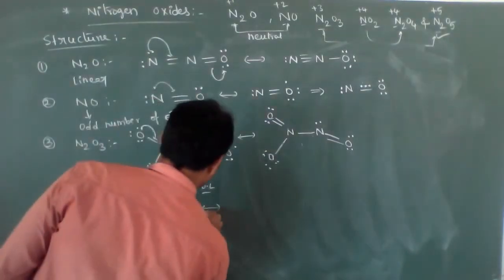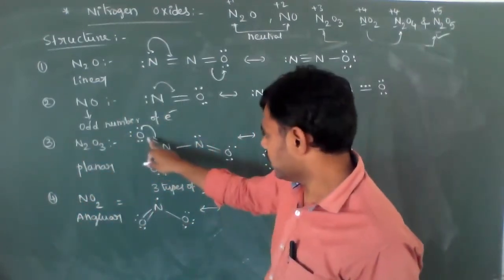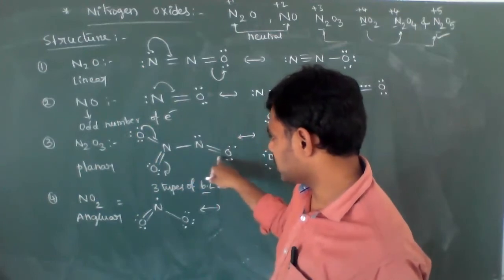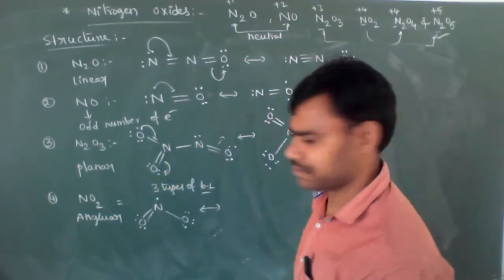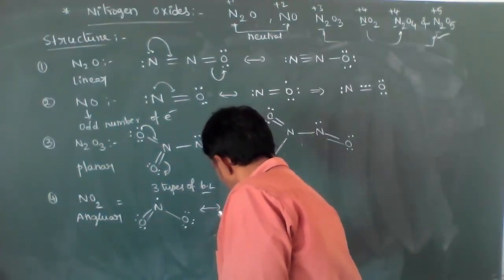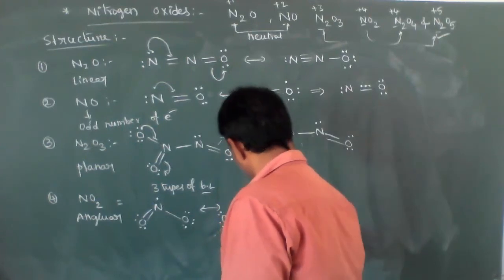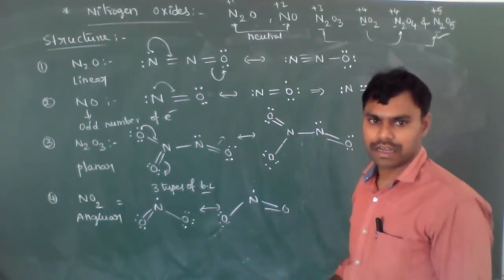This is the structure, and they contain both nitrogen and oxygen bond lengths identical. Here all nitrogen and oxygen bond lengths are not identical. This right side is different and left side is different. This is the angular shape.